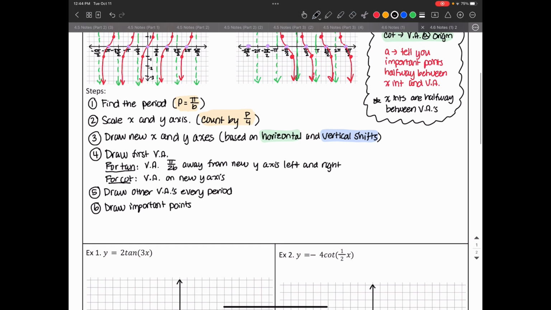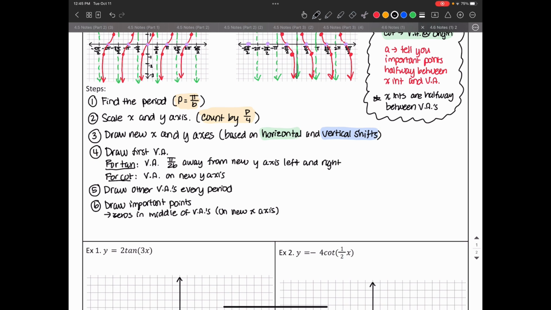And you're going to have zeros in the middle of the vertical asymptotes. So zeros in the middle of the VAs, vertical asymptotes, on the new x-axis, wherever that is, not on the original x-axis, the new middle, wherever that is.